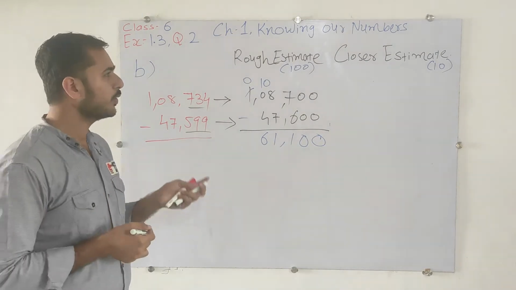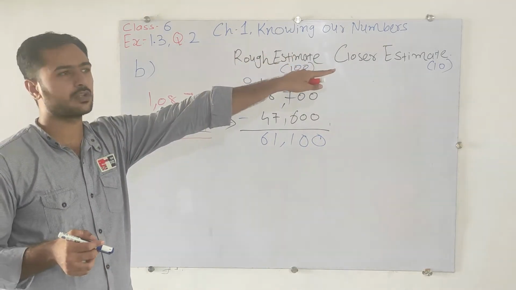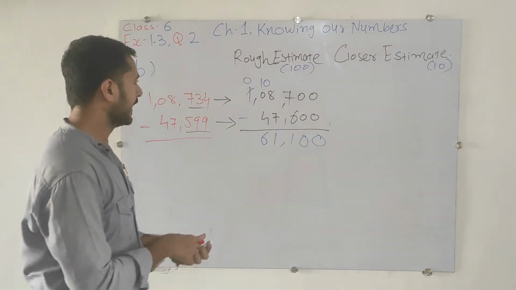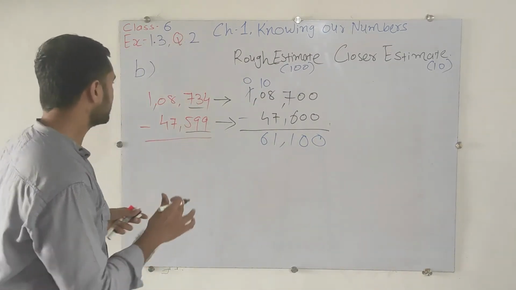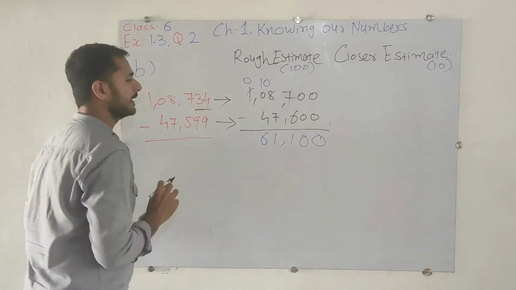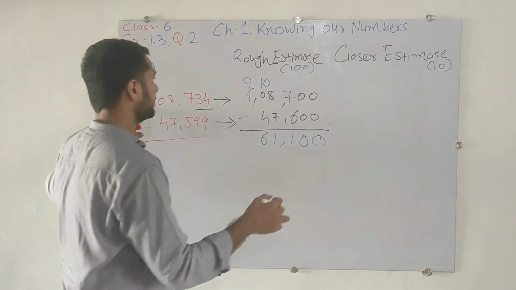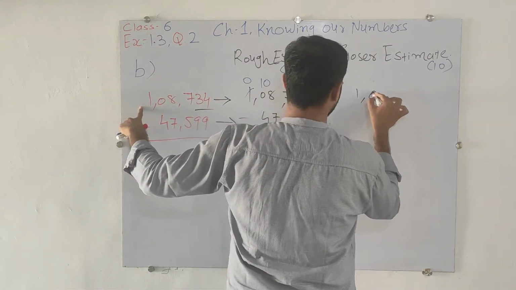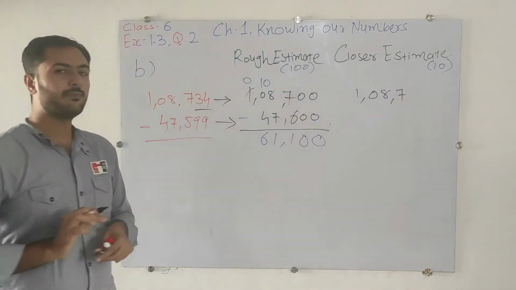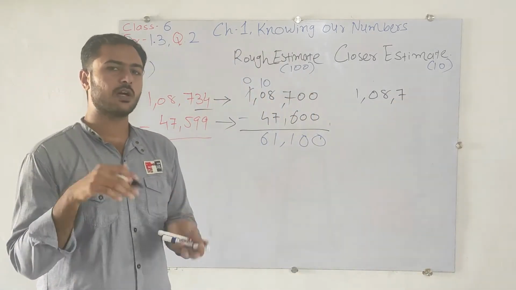Now again we have to follow the same process, but this time for the tens place, the closer estimation. So let's do that. In that we will just see this last 2 digits, 34. So 1,08,700 stays as it is. Now see the 34. 34 is nearby to 30 or 40?